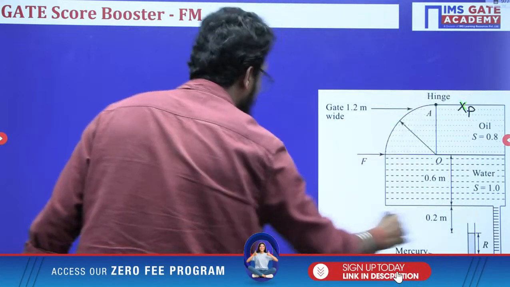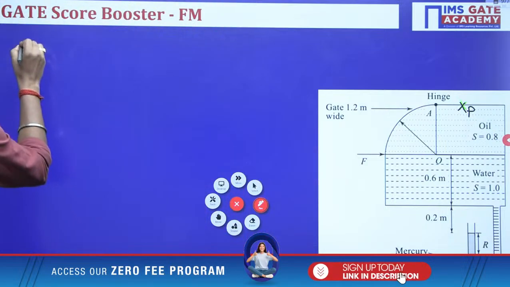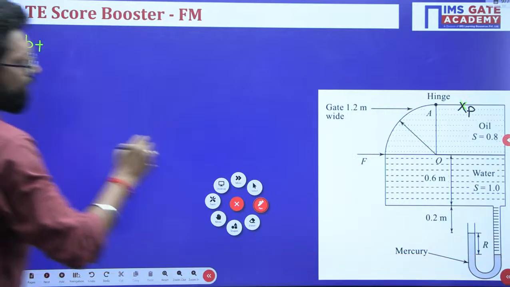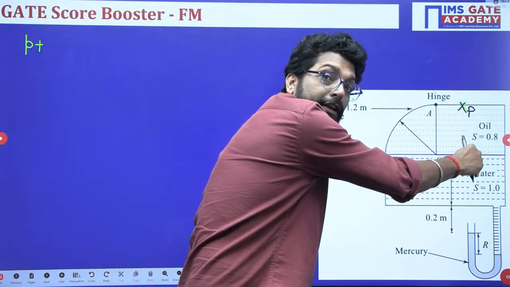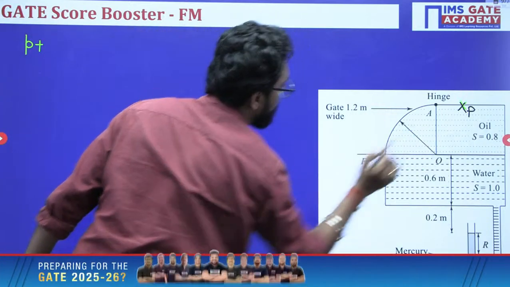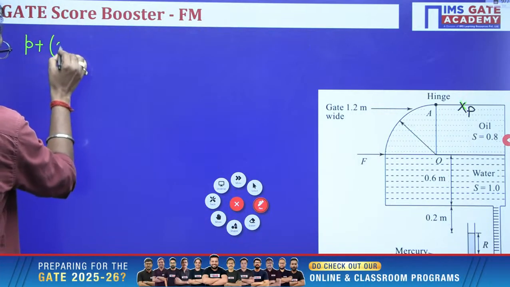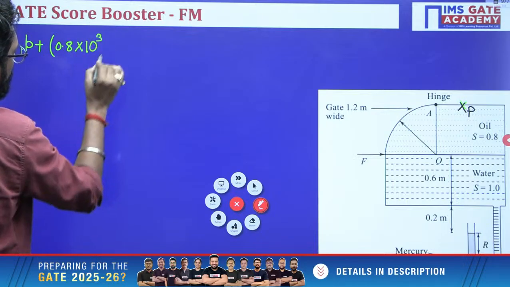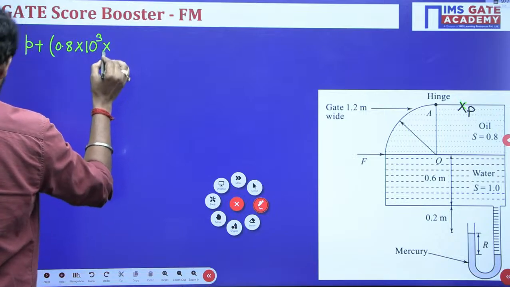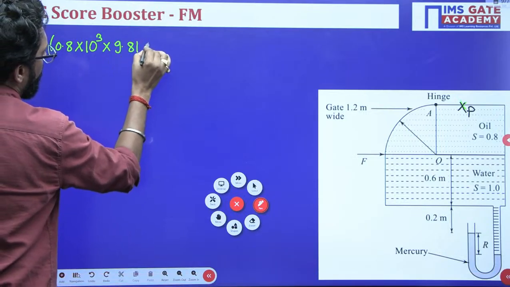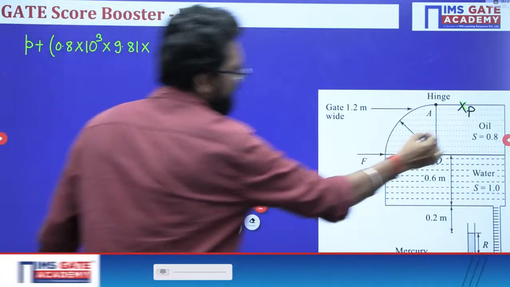So P, we are applying the manometric equation. P plus, you are moving down in oil. This is the specific gravity of oil, given as 0.8. So 0.8 into the density of the standard fluid, water, 10 to the power 3, into rho g, 9.81, into height. This height is how much, beta?